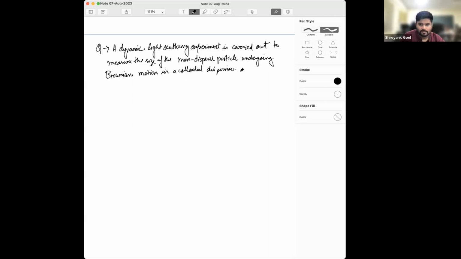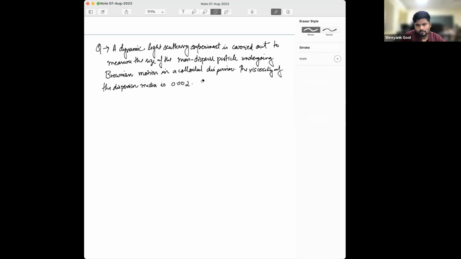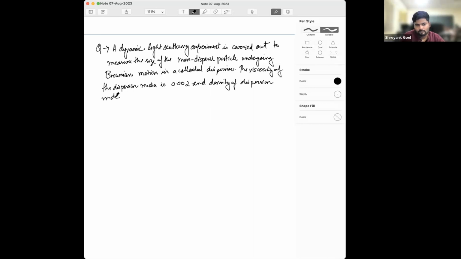The viscosity of the dispersion media is 0.002 and the density of the dispersion media is 2000 kg per meter cube.